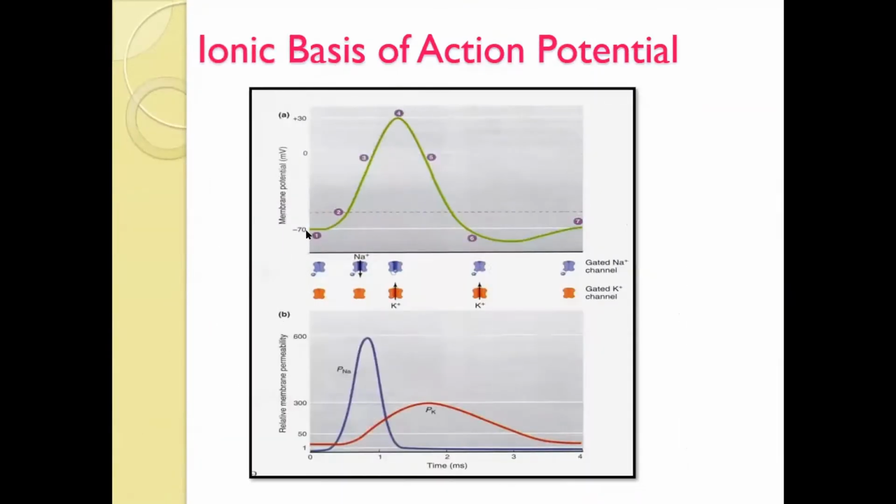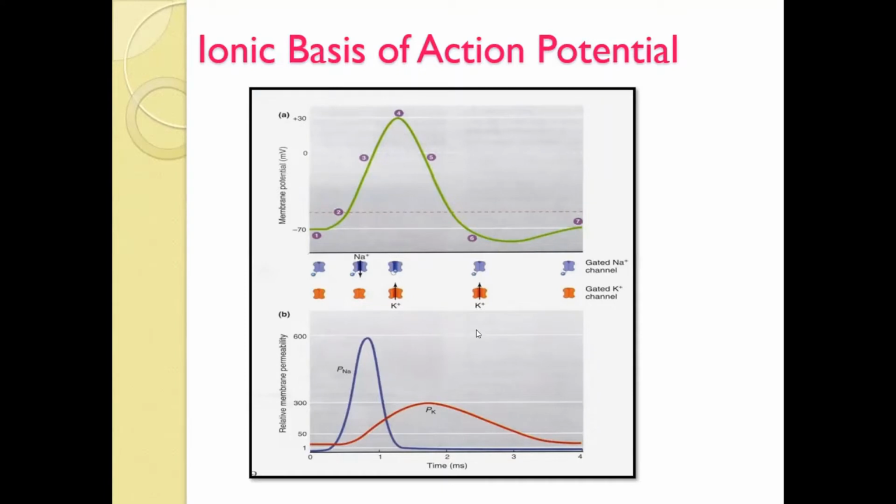So this is the resting membrane potential. This is where you have the sodium conductance when the sodium enters into the cells. At some point, at 30 millivolts, that's where the sodium channel closes, and no more sodium goes into the cells. And that's where you have potassium conductance.